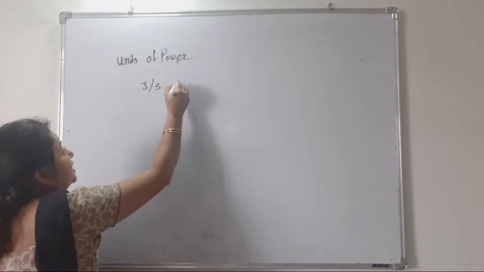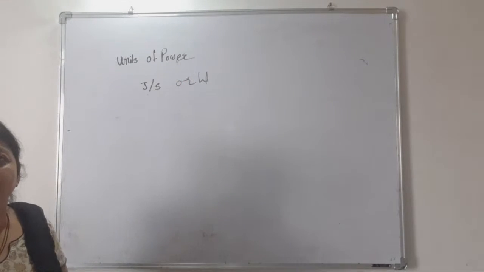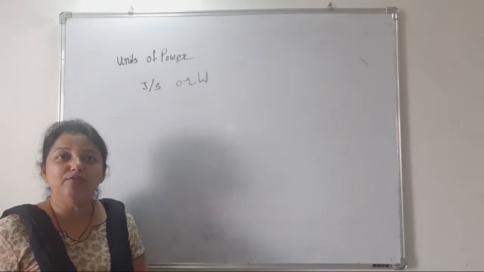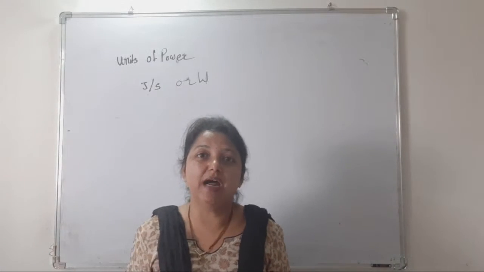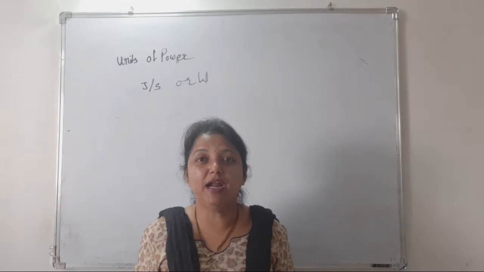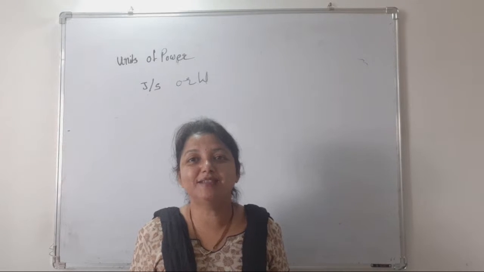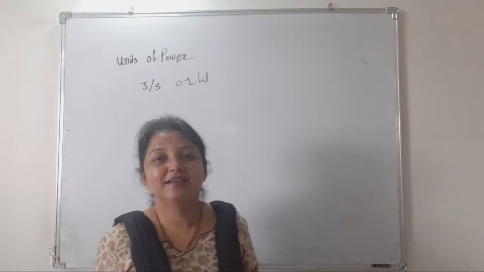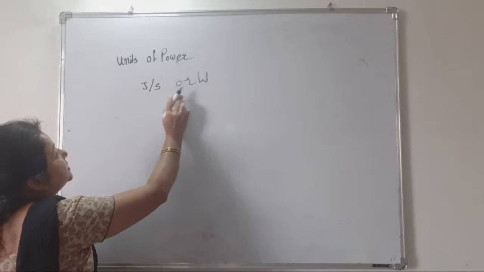Joule per second or watt. These are the units of electric power. Okay. Now we try to simplify and complete this part. Then in our next lecture we start some important network theorems. Okay, we try to complete this one today only. So don't leave the class. Stay live and listen here. So the unit of power is joule per second or watt.